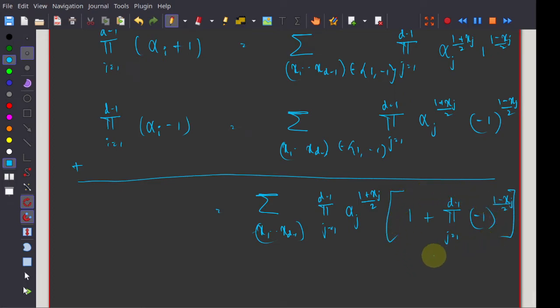Now what can we say about this? So this whole quantity is either plus 1 or minus 1, right? So this whole thing is plus 2 or 0, right? When is it equal to plus 2 and when is it equal to 0?